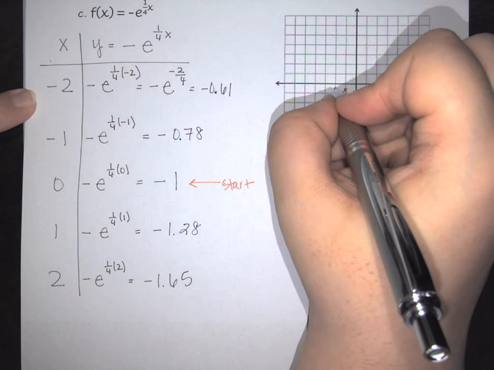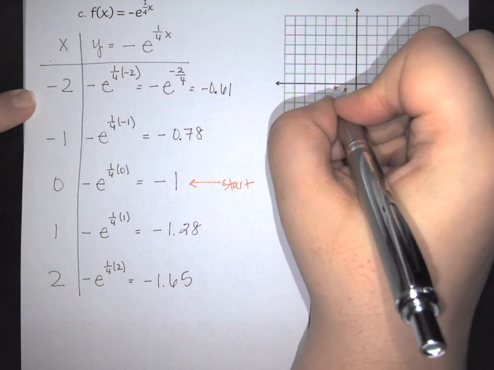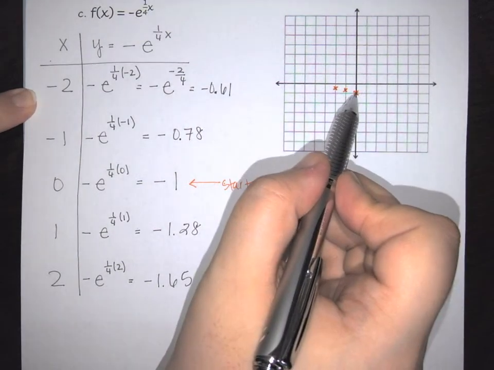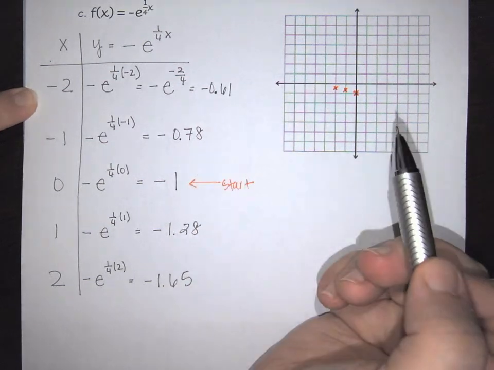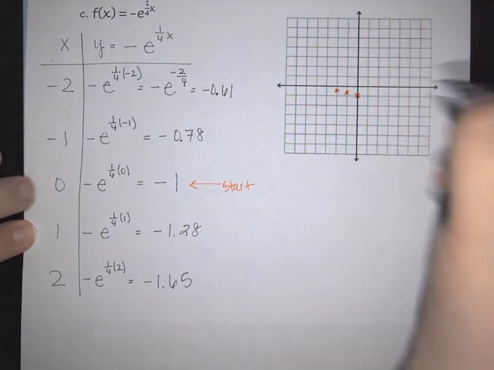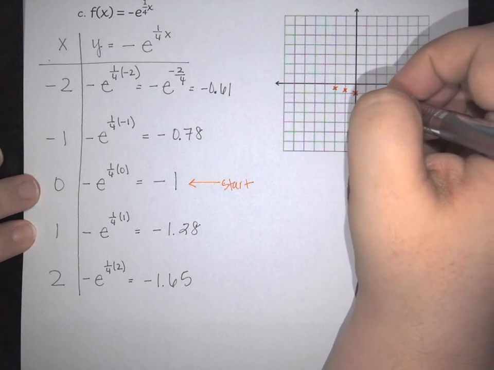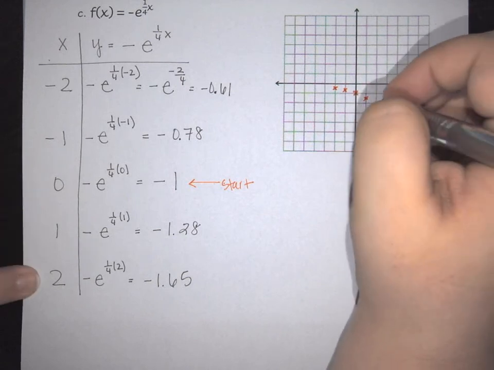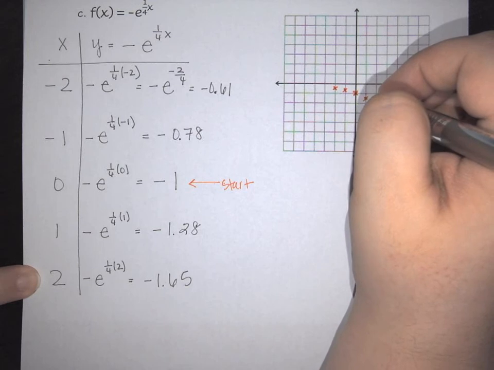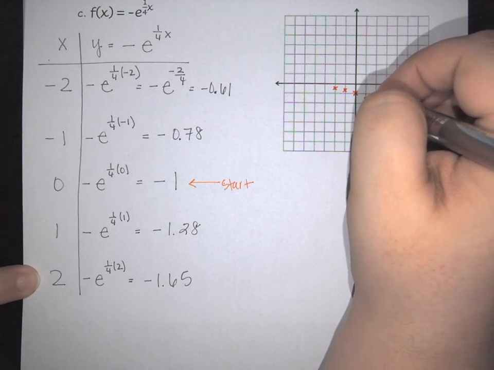And here we're getting even closer to my axis line. Okay, so you can start to see that we're coming up to approach. On the other side, I have -1.28, so at 1 I'm down at -1, and -1.28 is going to be slightly bigger than that. And then I have -1.65, which is going to be slightly bigger than that.